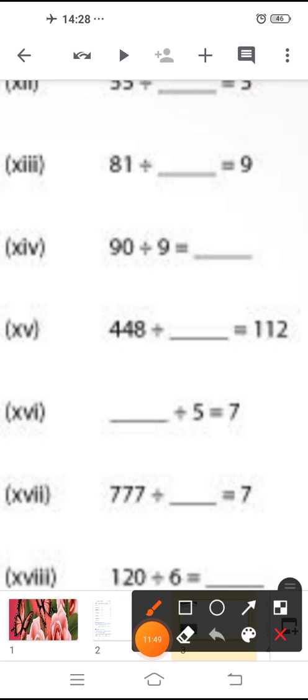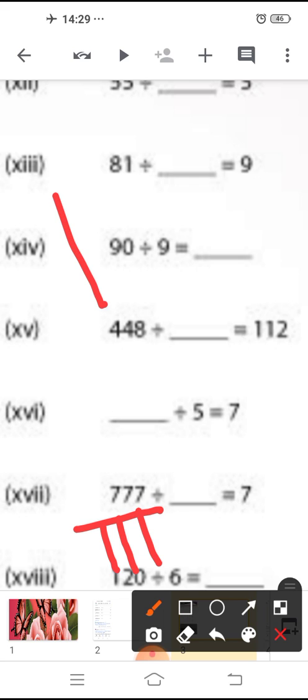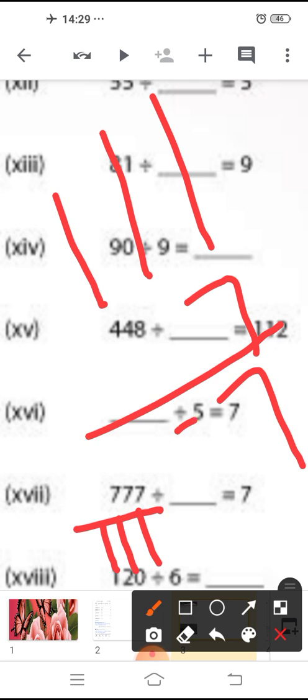We have done a similar one previously with 55. Now 111 means, if we multiply or divide with 7, 777.